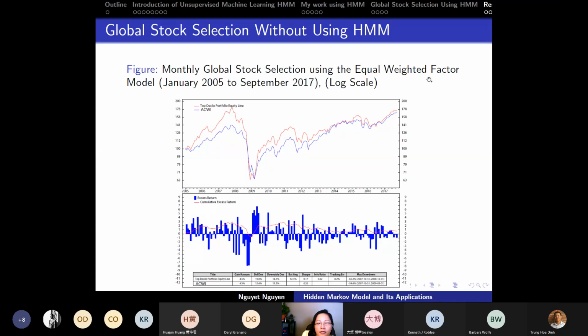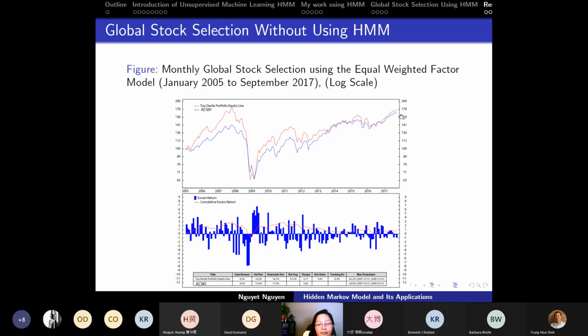The equal weight factor is the method that many financial companies use. That means they choose the number of factors and assign equal weights, then score the stocks, and choose the stocks that perform well based on the score. If we do it like this, you see that it is almost identical at the end with the world index. This one is a little bit higher here, but at the end it's almost the same.